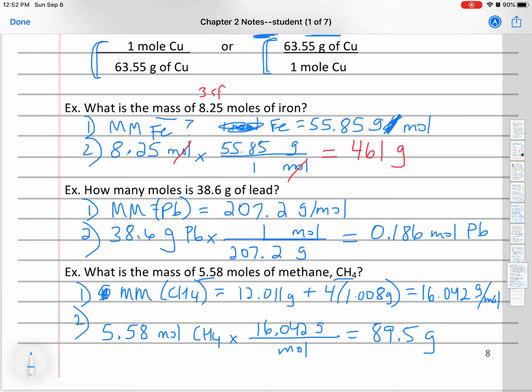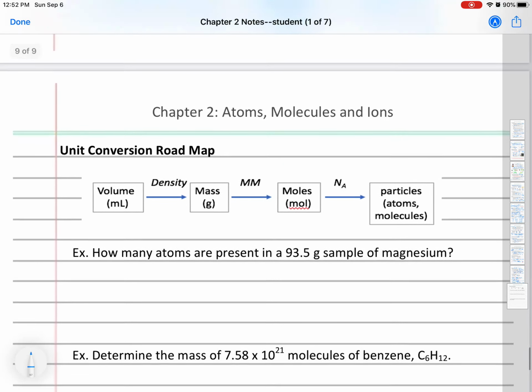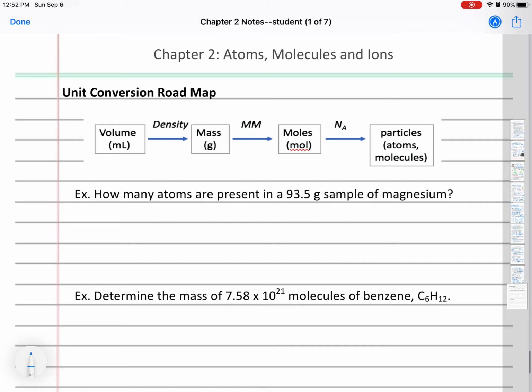So notice that in these problems, sometimes you're going from moles to mass, sometimes you're going from mass to moles. Either way, you use that conversion factor. So we've actually learned a lot of different values that can be used as conversion factors. Density is a fraction, it's a mass per volume.